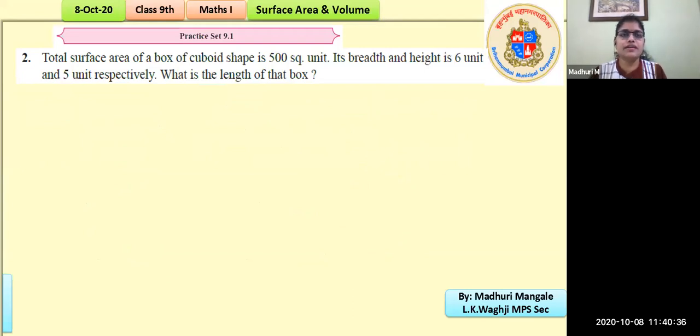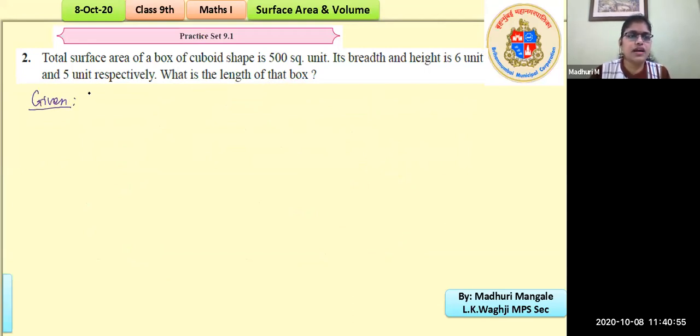Total surface area of a box of cuboid shape is 500 square unit. Its breadth and height are given. Breadth is 6 unit and height is 5 unit. We are asked what is the length of that box. So always start with writing out what is given.